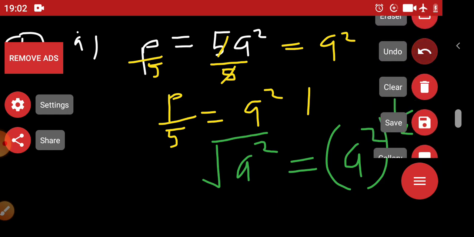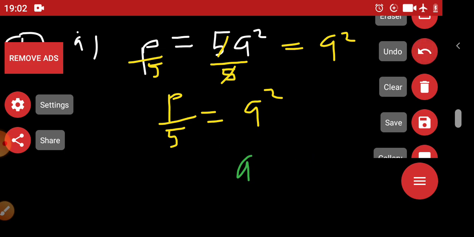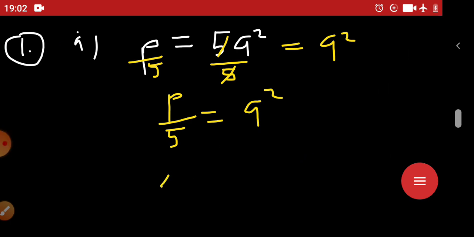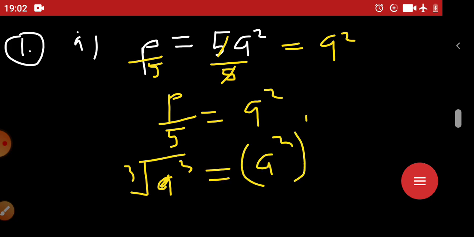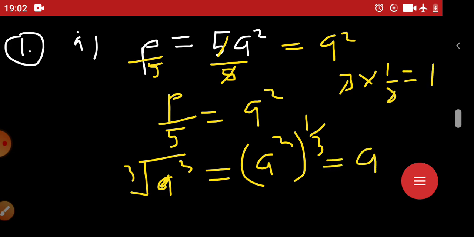The same way, if you have a cube and you're taking a cube root, this is the same as taking this to the power of 1 over 3, and then 3 times 1 over 3 gives us 1, so this is the same thing as a. So the opposite of cubing is taking the cube root, or taking this to the power 1 over 3.